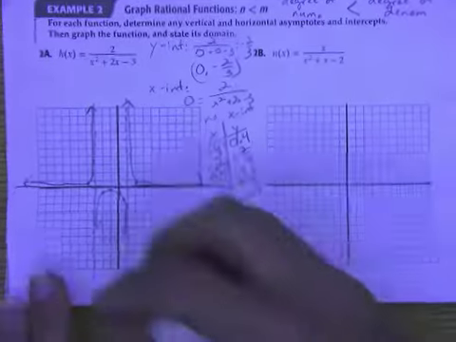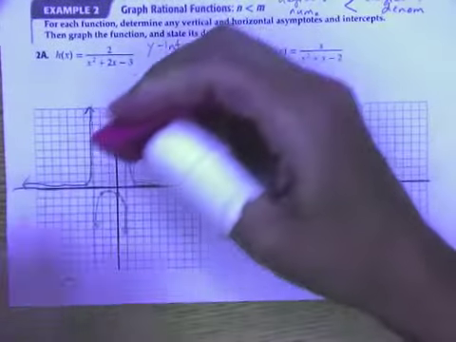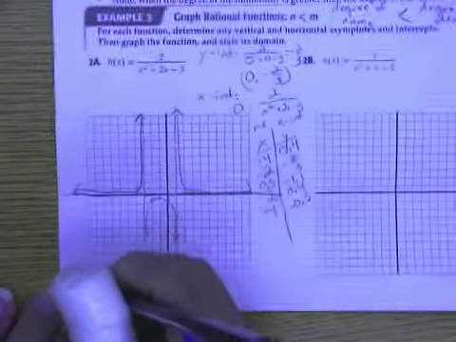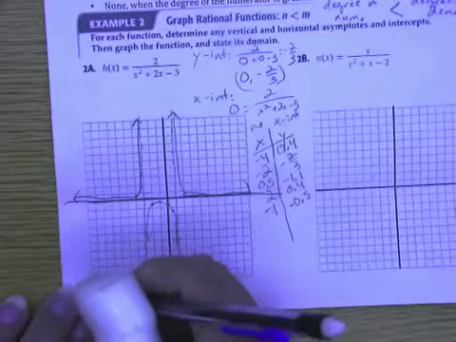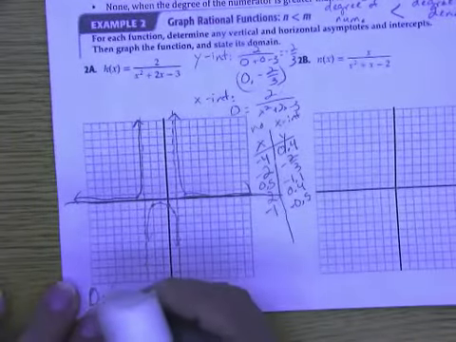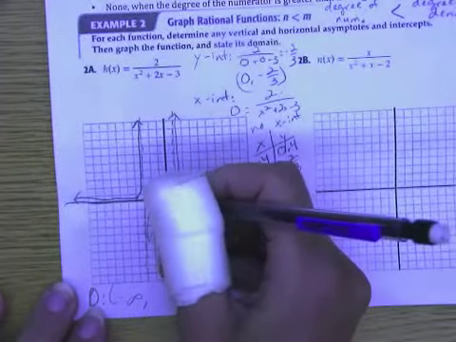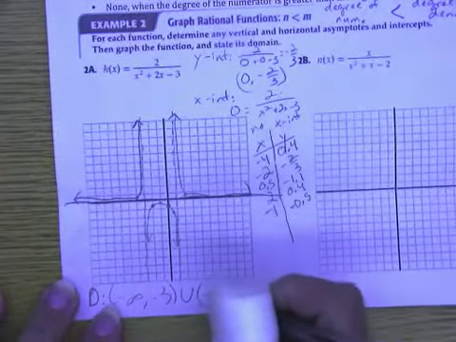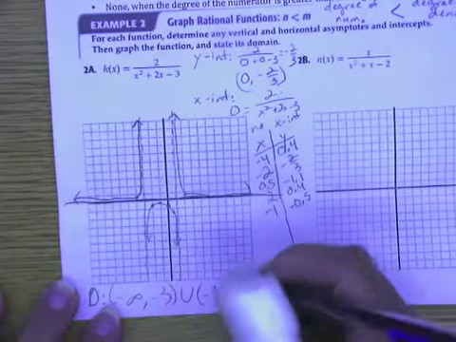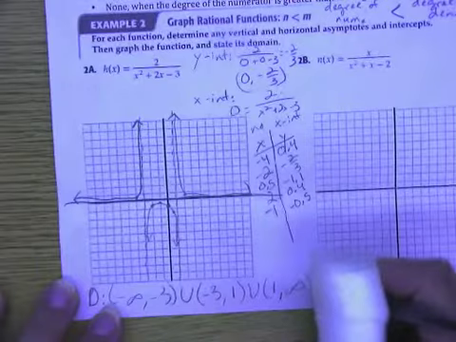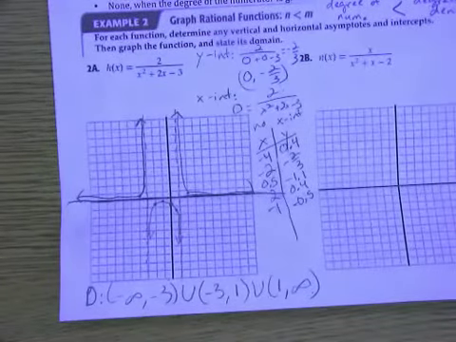And as if this problem hadn't asked enough of us, it's also asking us for the domain. So, spot for it right down here, my domain. Again, notice the arrows. -infinity to -3, union -3 to my next asymptote at 1, union from there to infinity.